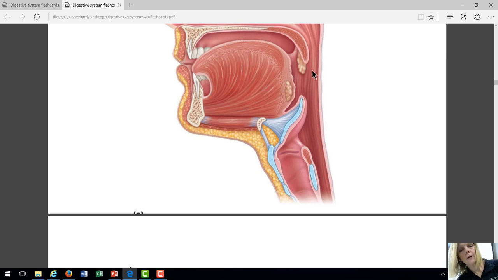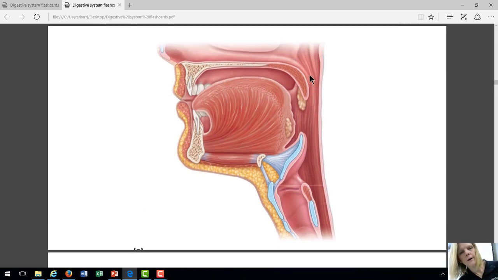So we talked about, or maybe we didn't talk about, but in healthcare, in my healthcare experiences, I've seen more and more oral cancers, cancers of the throat, and we see those with people who have a history of drinking and or chewing tobacco.